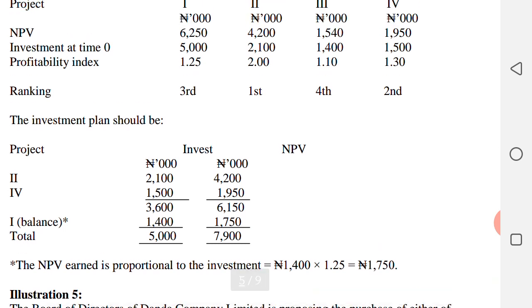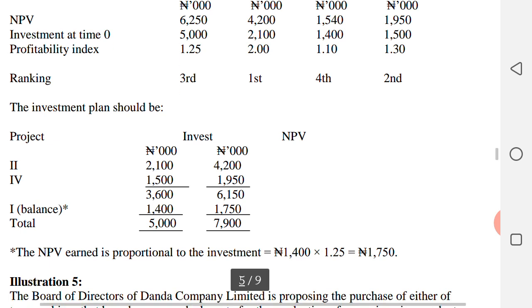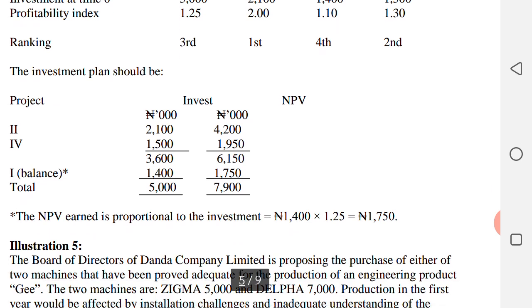It will now be 1.4 million times the profitability index to get our NPV. Working back mathematically, 1,400,000 times 1.25 gives us an NPV of 1,750,000. So we get the total NPV of 7,900,000. That is the total NPV for that investment.